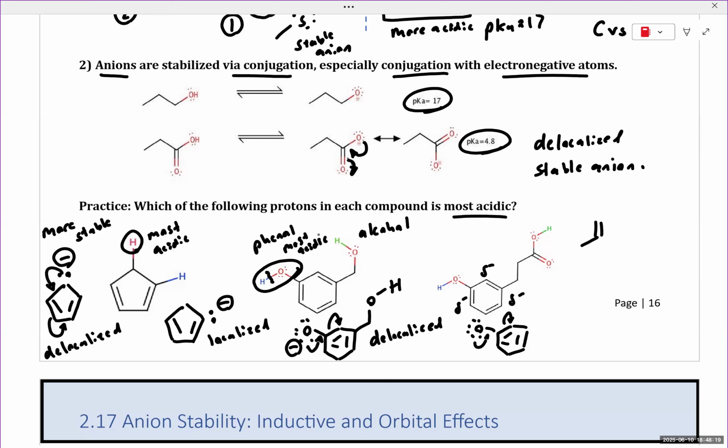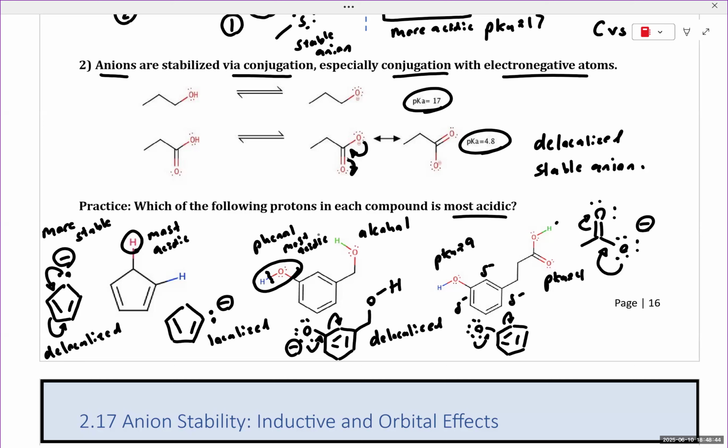By comparison, the carboxylic acid, if deprotonated, generates a carboxylate conjugate base, and we can delocalize this negative charge across these electronegative oxygen atoms. Looking at pKa values, a carboxylic acid has a pKa of around 4, while a phenol has a pKa of around 9.